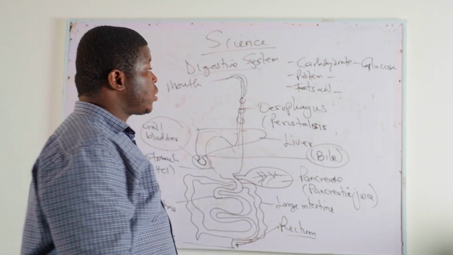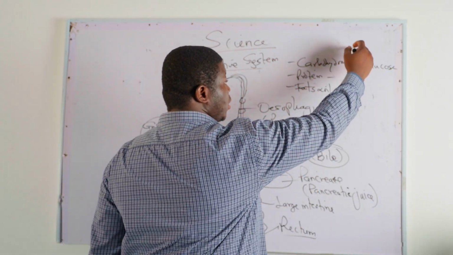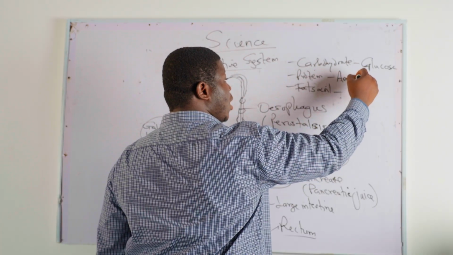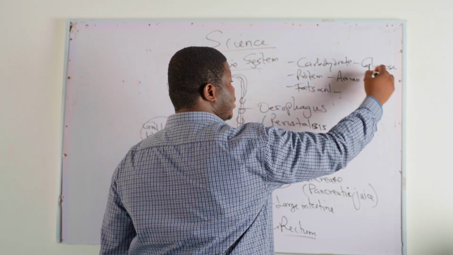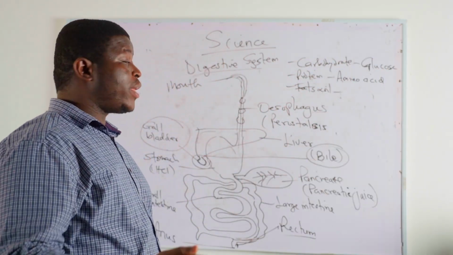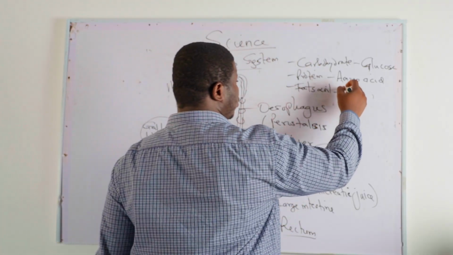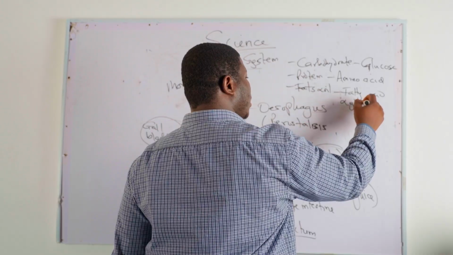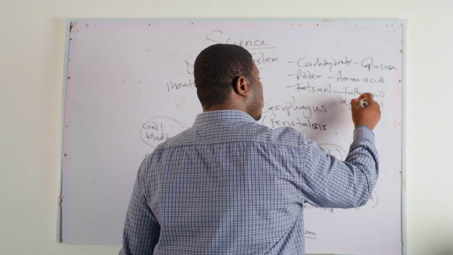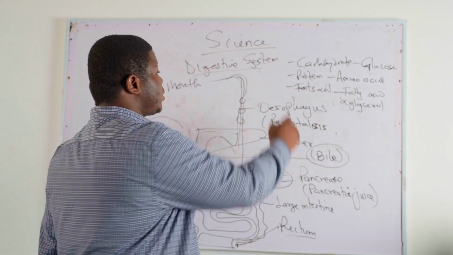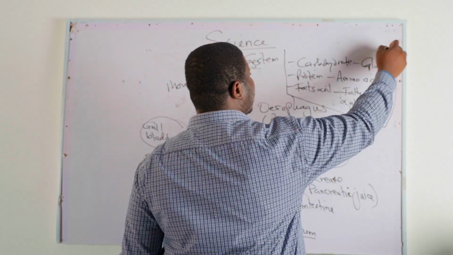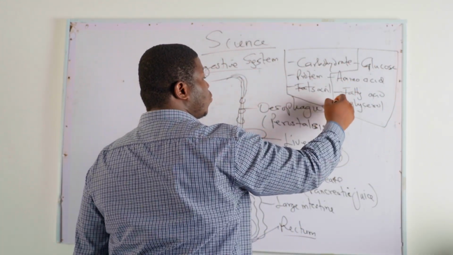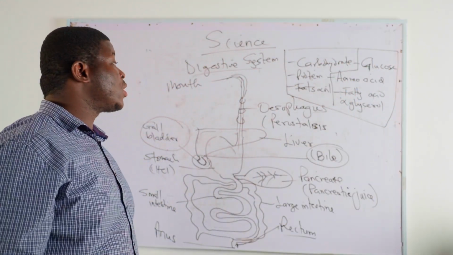The end product of protein is what? Amino acid. Then that of fat and oil, the end product which the body absorbs is what? The fatty acid and glycerol. That's the end product of these three food nutrients which the body will later absorb and use for its function.